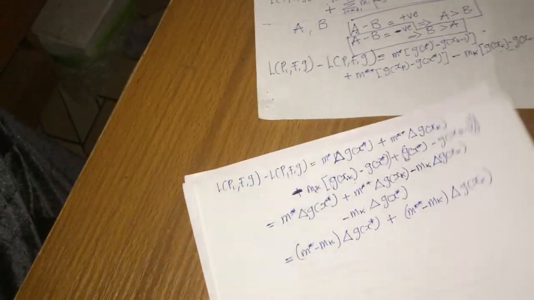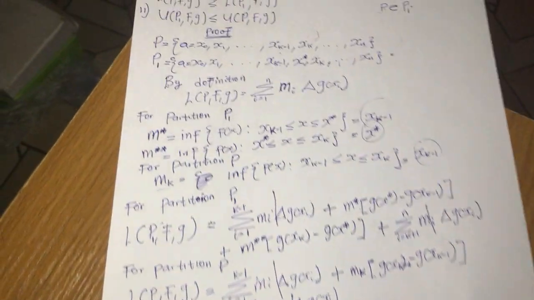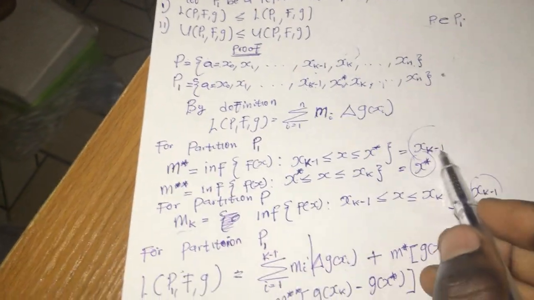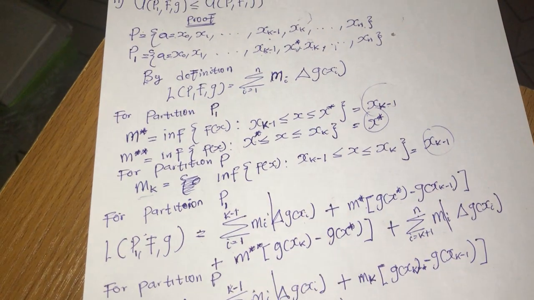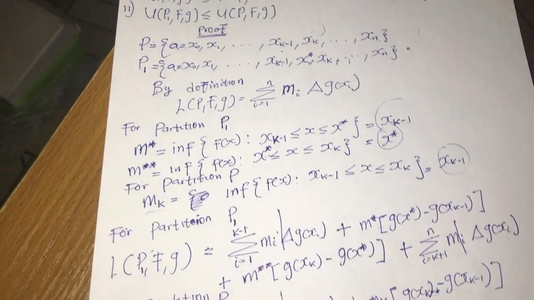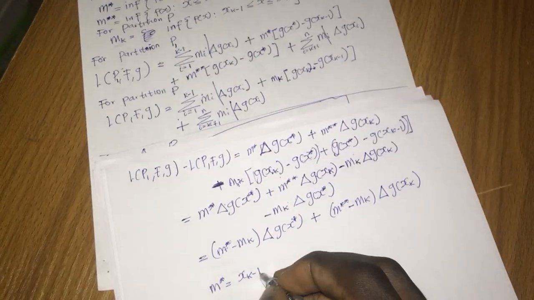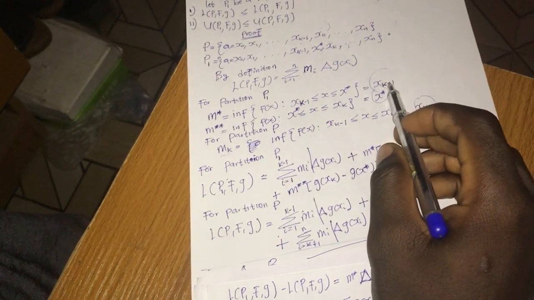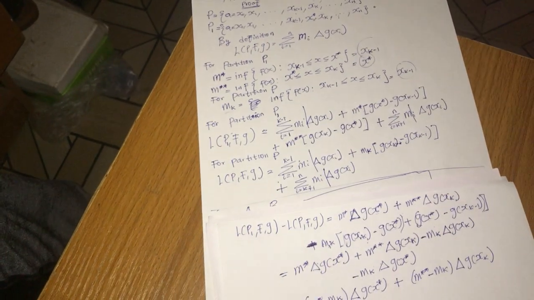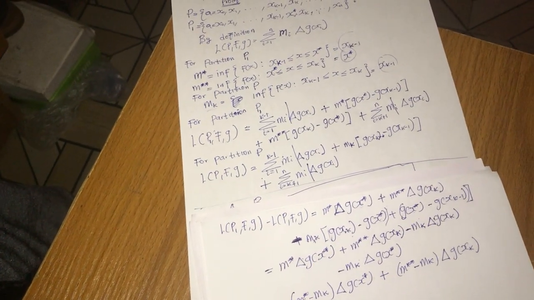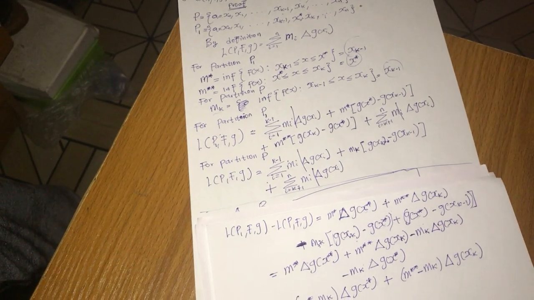Now look at something. This, from here now, we know that M star is equals to what? Xk. Abi? From here, the previous explanation. Now we have our M star star to be equals to what?